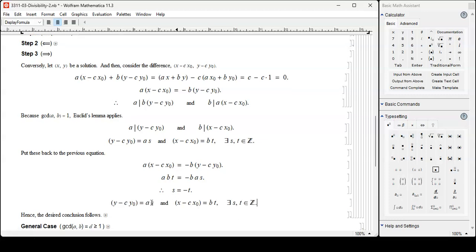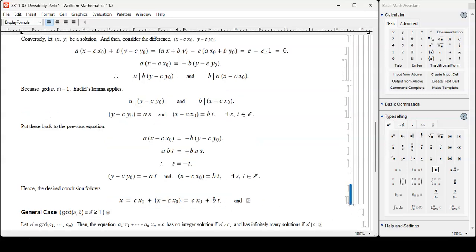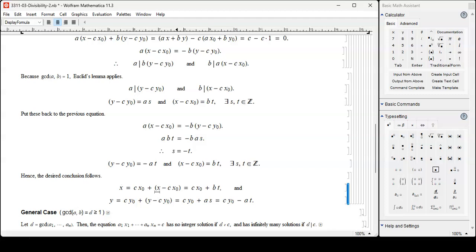Okay, here, this one here is negative AT. So flipping the cy0 and cx0 to the other side, you're going to get the desired solution. cx0 plus bt and cy0 minus at.